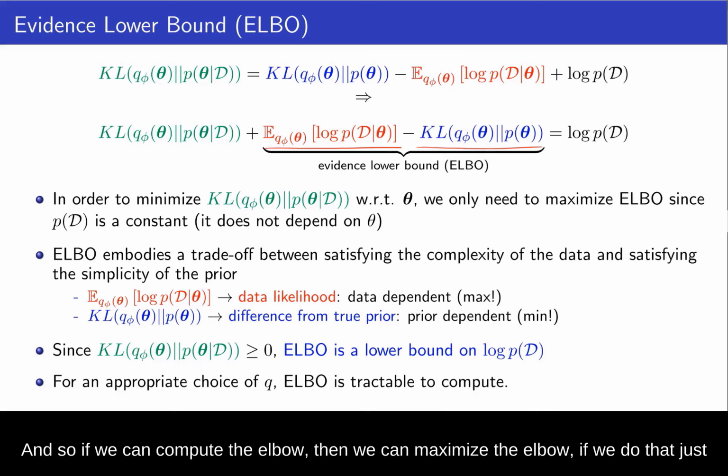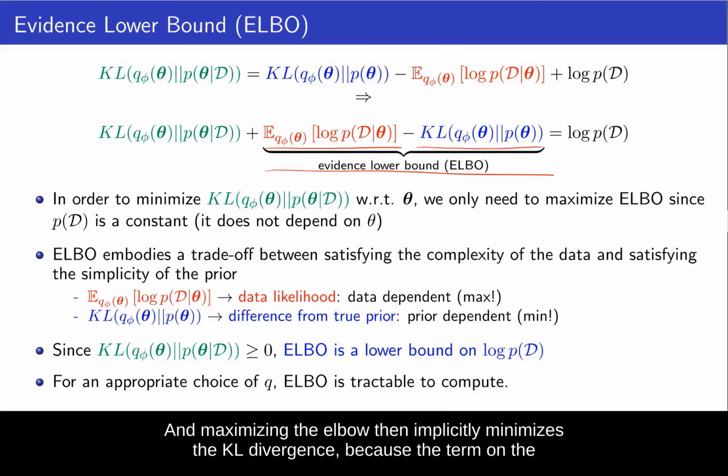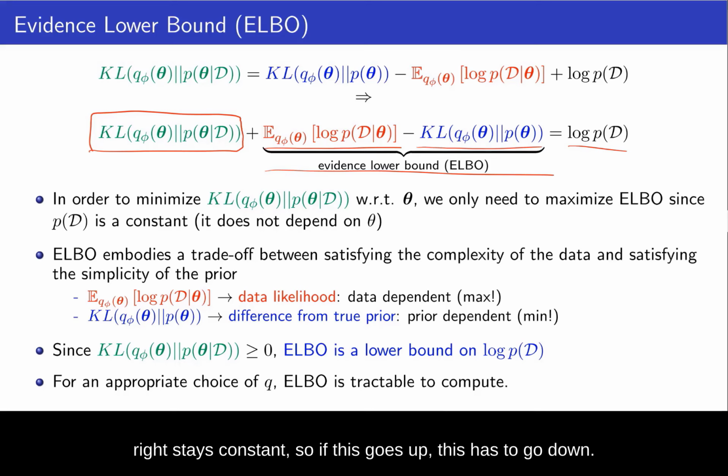And so if we can compute the ELBO, then we can maximize the ELBO, just by gradient-based computation, standard SGD. Maximizing the ELBO then implicitly minimizes the KL divergence because the term on the right stays constant. So if this goes up, this has to go down.